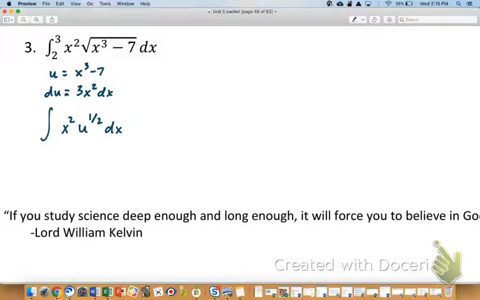Dx equals du over 3x squared. I kind of favor this, as I said before. If I divide it by 3, wouldn't du over 3 equal all the stuff that we need to go away? Yeah. So I can replace that with u to the 1/2 times du. There's my over 3.